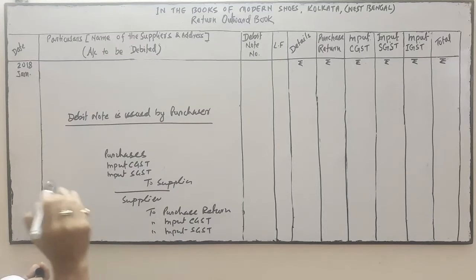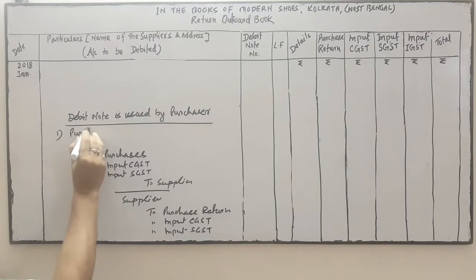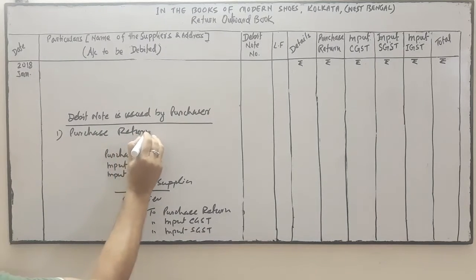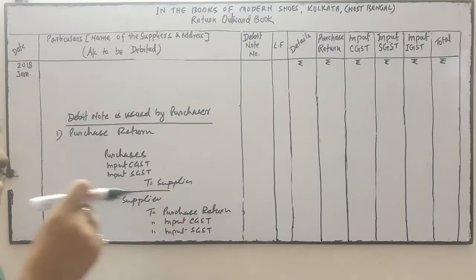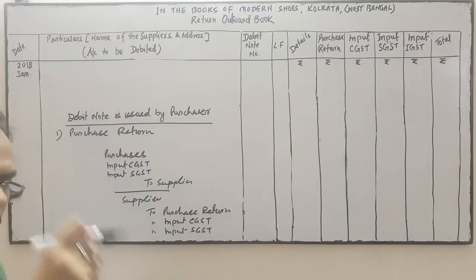At the time of purchase return, the debit note is issued, which mentions that the supplier's account is debited in our books of account. When we return the goods to the supplier, along with the goods we send the debit note.